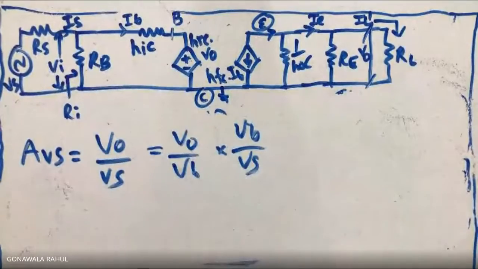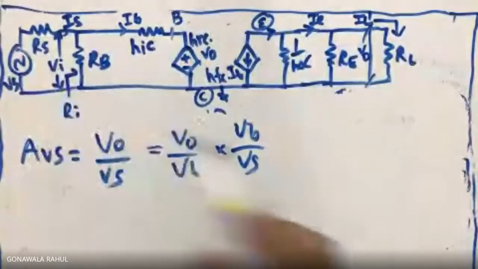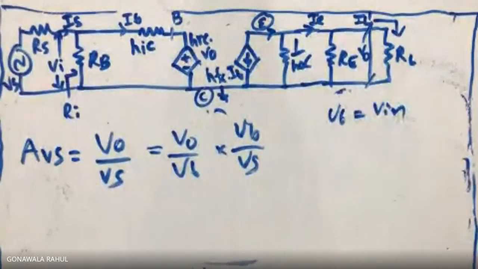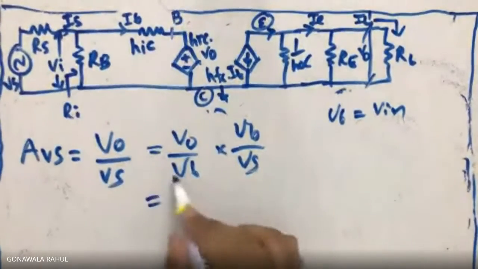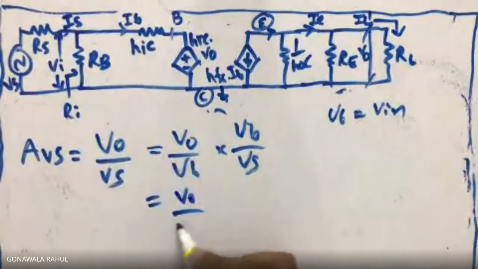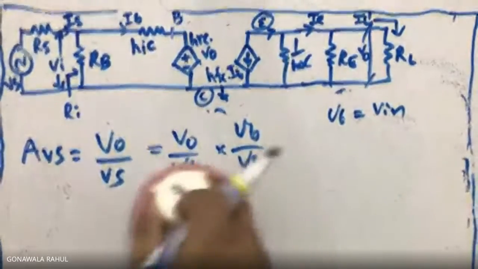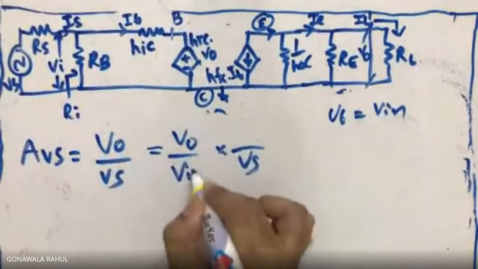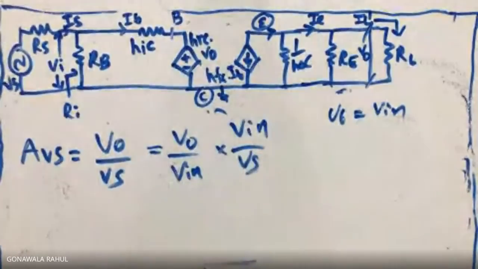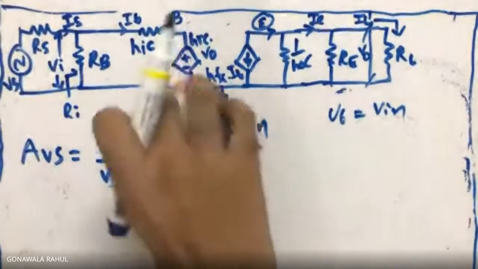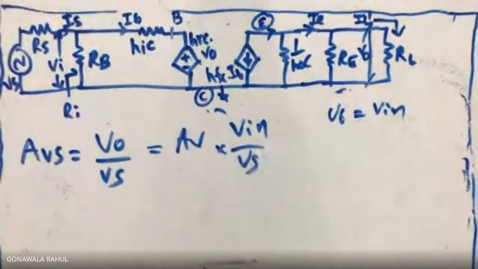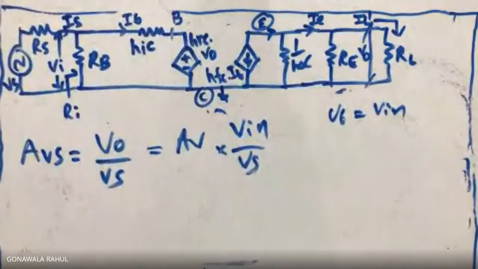Now what is VB? VB is nothing but V in. So that is VO by V in into V in by Vs. Now VO by V in is nothing but AV, so we need to worry only about V in by Vs.